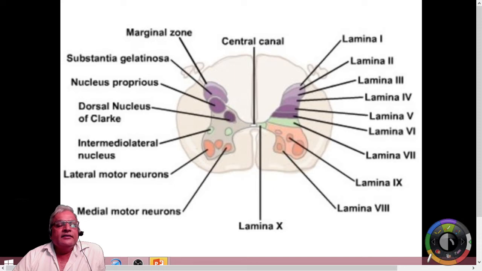Now this is again those dorsal columns, the gray matter divisions that I talked about in the initial phase.